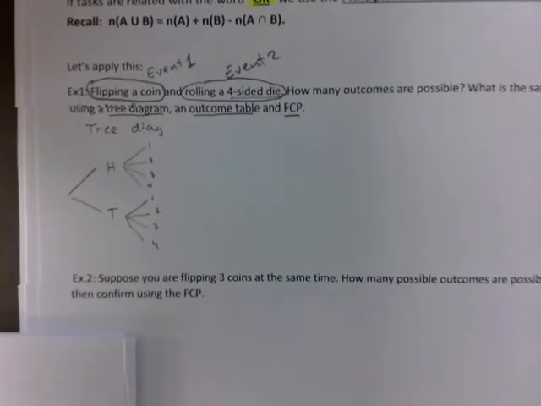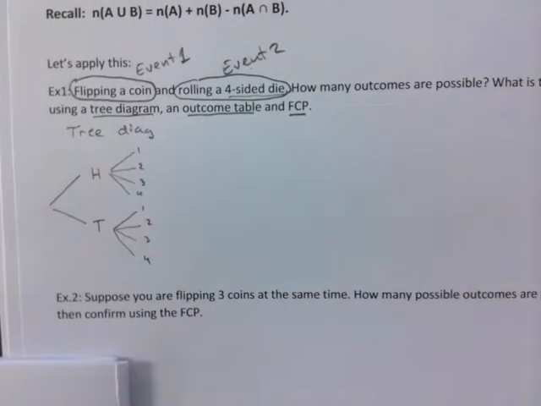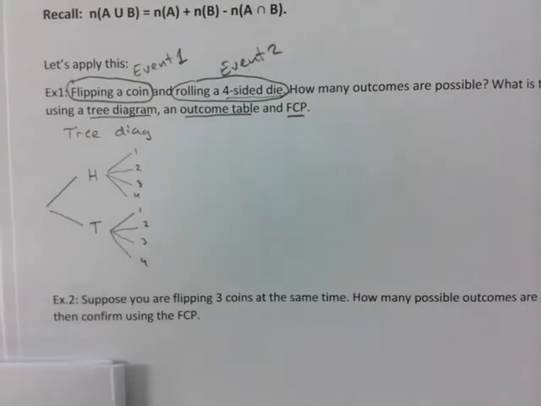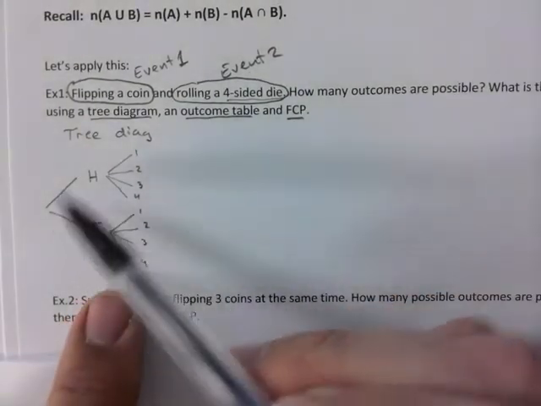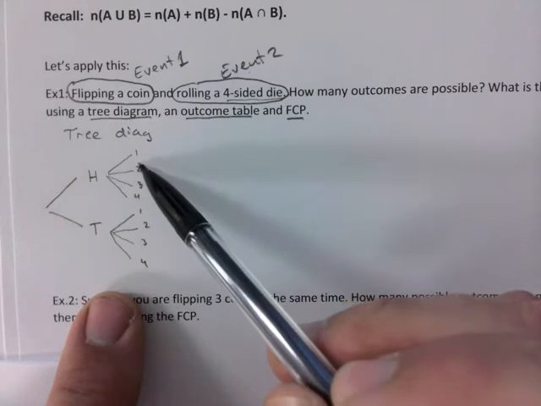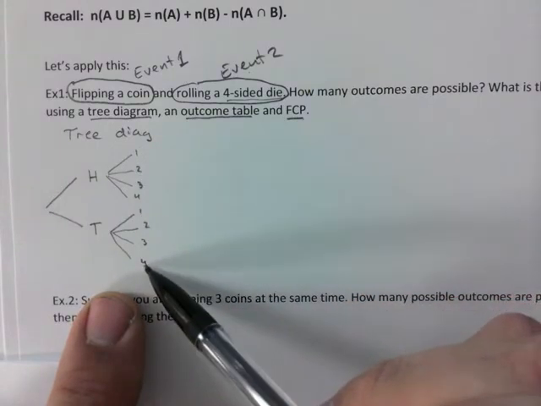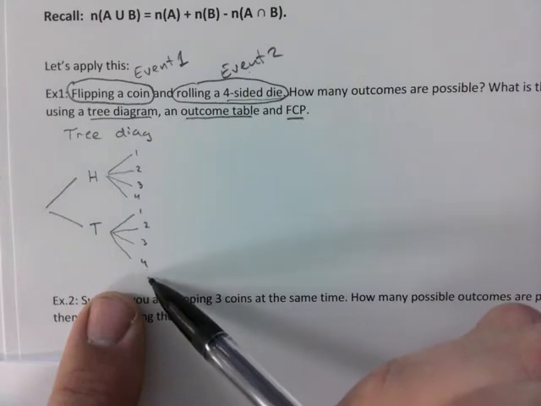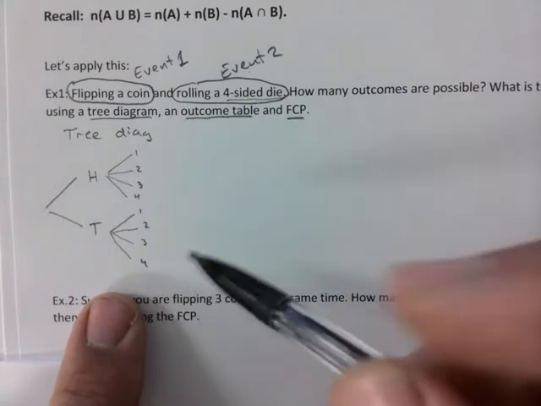Let me zoom into that a little bit. It seems a little small here. Okay, I can do that for now. So what you do when you do a tree diagram is follow the ends, the tips here. How many options are there? 4 and 4. You end up with 8 options. And here it is.